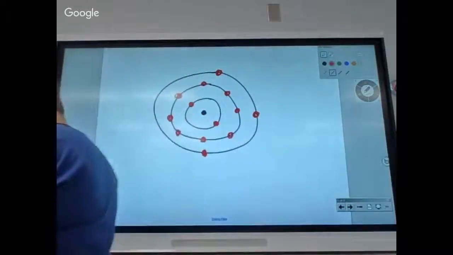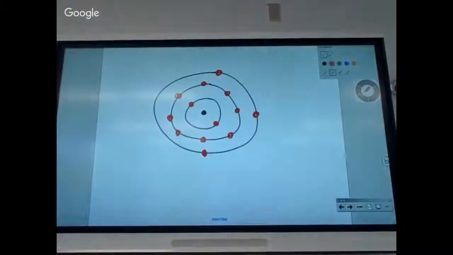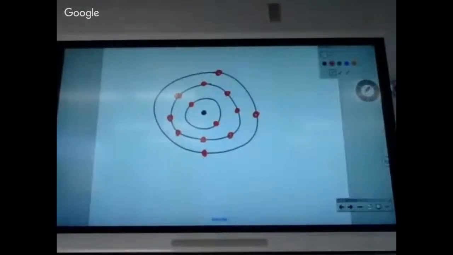I want 8 electrons, right? So the question is, how do I get 8? Can I lose 3 or gain 5 to get to that magic number of 8? What would be easier, losing the 3 or gaining 5? We're not talking about the 13 as total; we're just talking about the outer shell.